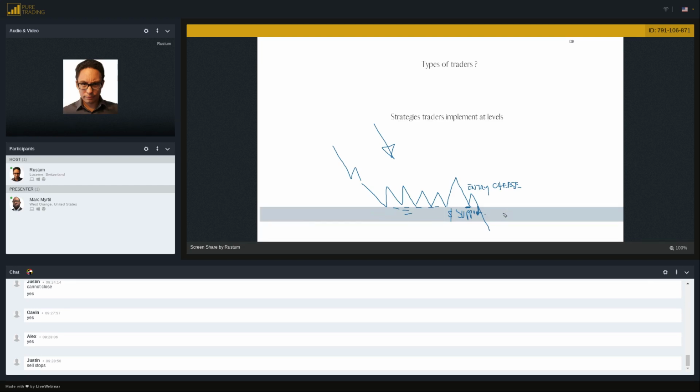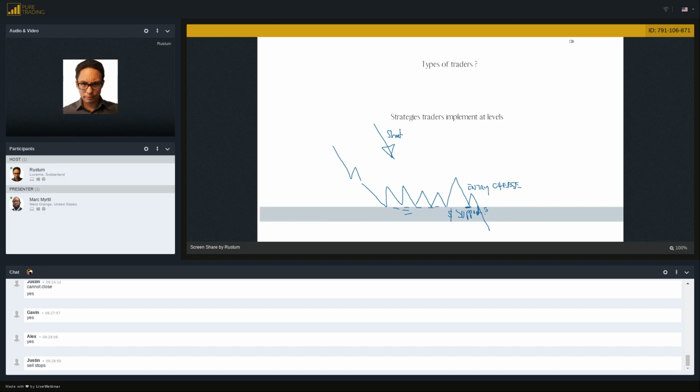Then we have one last sort of trader, and this guy is a retracement trader. He also wants to go short, the same as the breakout trader. But he wants some confirmation that he's going the right way, that short is the right direction. So he is looking for a retracement. Doesn't matter which level, maybe 50%, maybe 78.6%, maybe he doesn't want a retracement that high, maybe he wants a retracement at 21%.